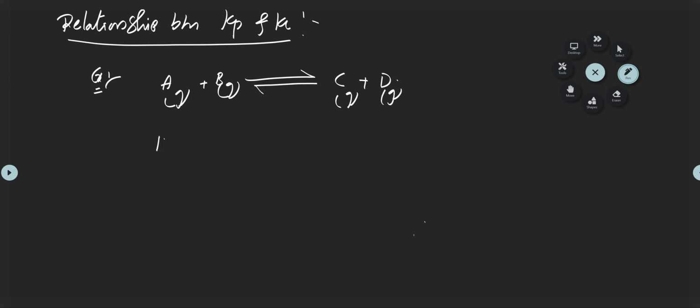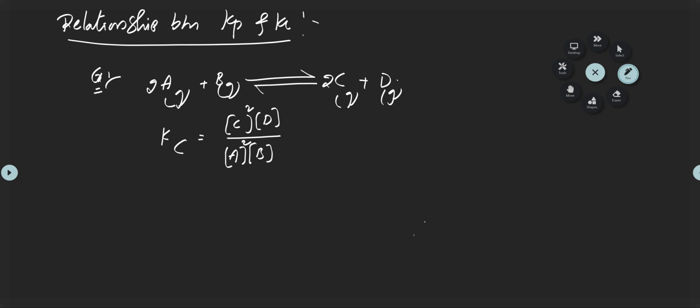Now Kc is equal to the product of concentrations of products by reactants. Otherwise, you can take this as 2A plus B gives 2C plus D. So it will be C square concentration of D by A concentration into B concentration. I can take this as A square also.